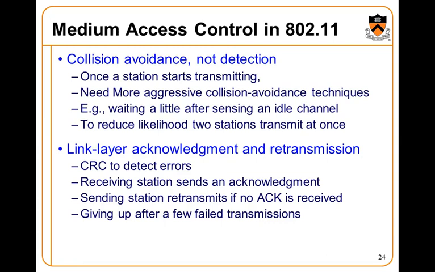Similarly, we can have another possibility of data link layer acknowledgement and retransmission, where CRC, which stands for cyclic redundancy check, is used to detect errors, and the receiving station sends an acknowledgement to the sender if the data is received without error, in the form in which it was sent.